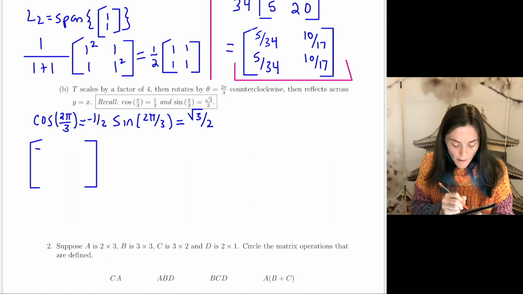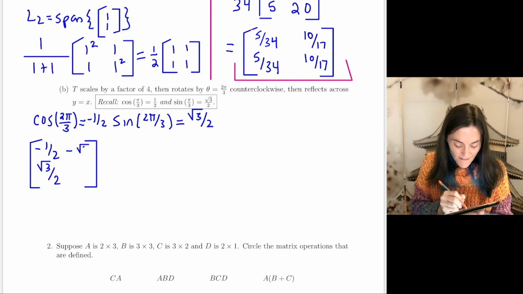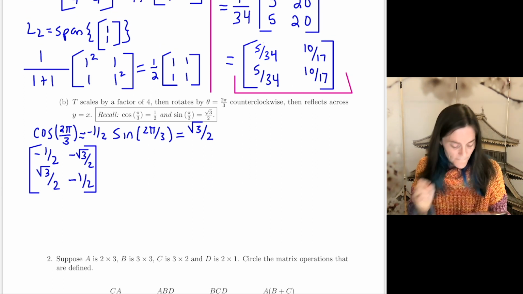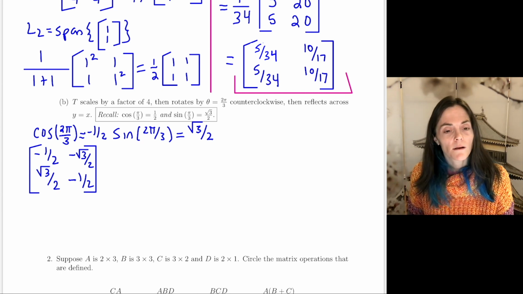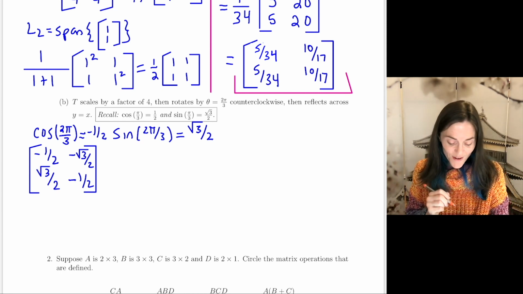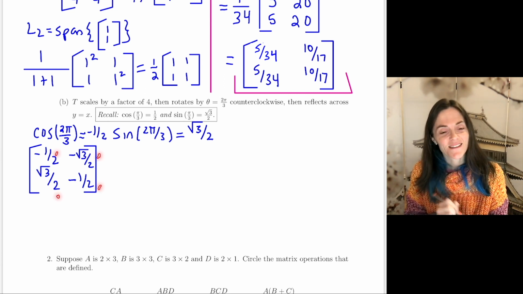It's cosine, sine, and then minus sine and cosine. This is the matrix for rotation by 2 pi over 3 counterclockwise, cosine sine minus sine cosine.